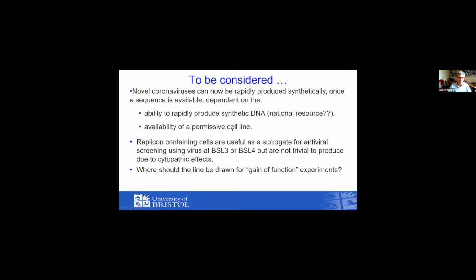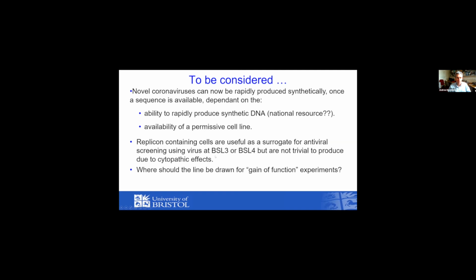Obviously, permissive cell lines, just as for the viruses themselves, are required as well. And for feline coronavirus, this has been a limiting factor for us to establish the full virus. These replicon-containing cells are very useful, once again, not having the virus, but we could use them at BSL-2 rather than BSL-3 or 4 conditions to screen antiviral drugs against a large amount of coronaviruses.